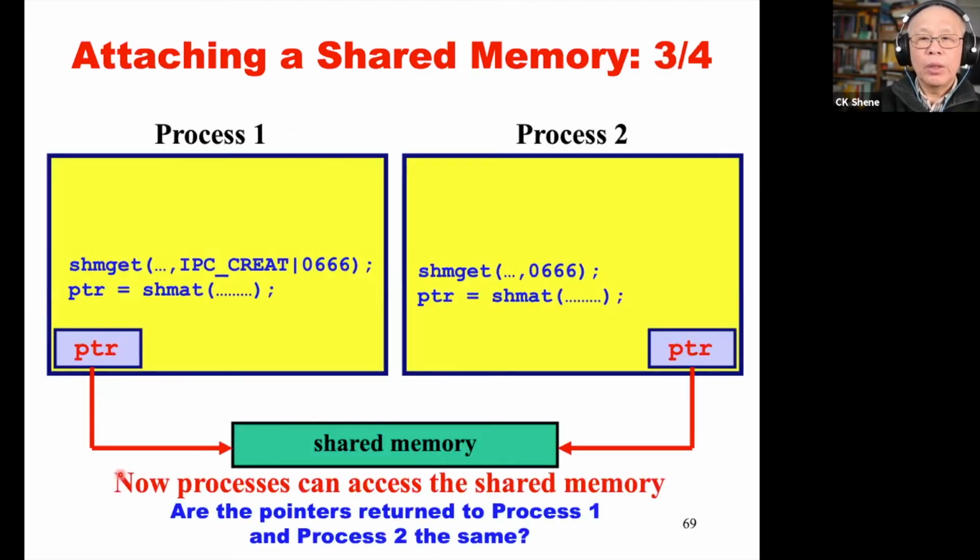Now, here's an example. We have mentioned that process 1 obtains the shared memory segment here. Then process 1 calls shared memory attach. And assuming that the shared memory attach was successful, a pointer to the shared memory will be saved to the variable PTR.